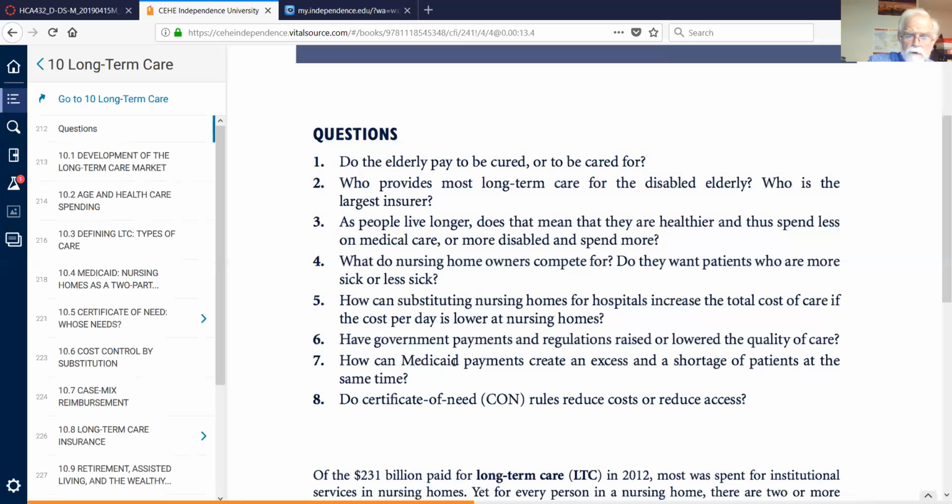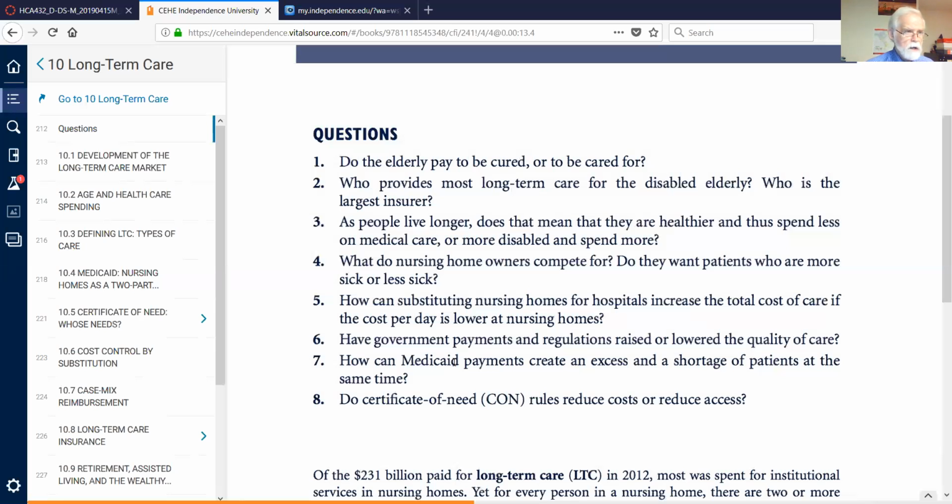What do nursing home owners compete for? Well, they don't really have much competing. We've been involved in trying to find a place for my father, and it's hard to find places that even have an open bed.